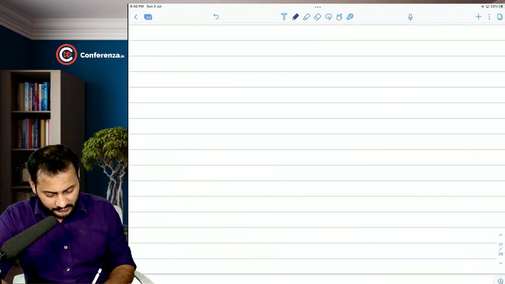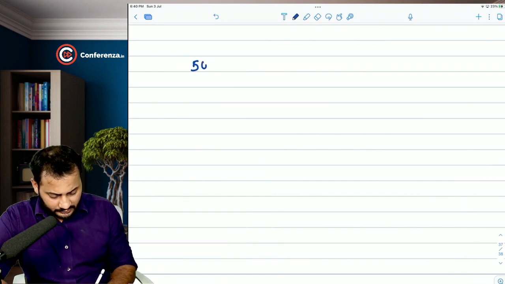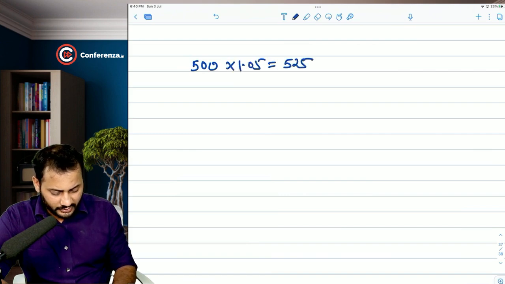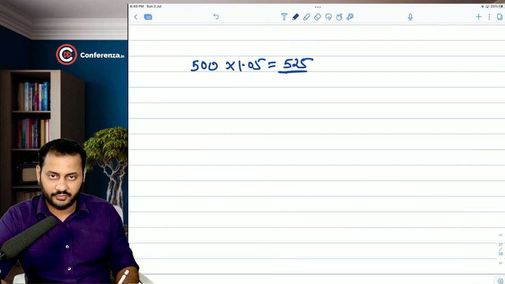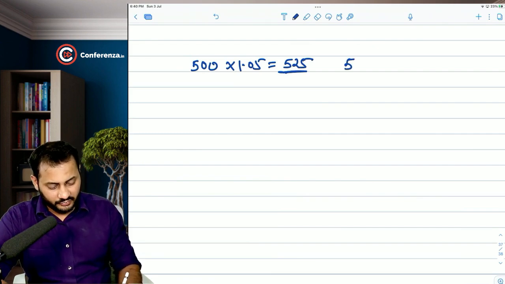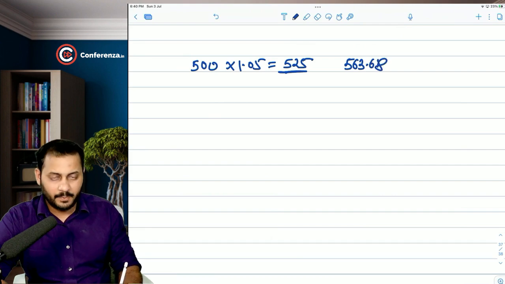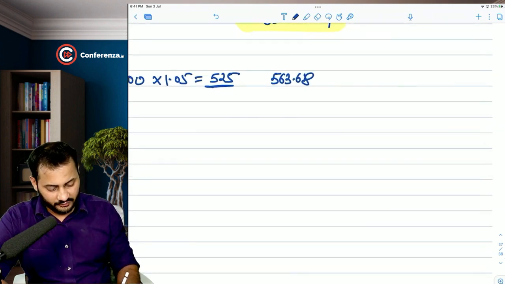See, 500 is the price plus incidental expenses, 1.05. This is going to be your outflow, 525 today, but your inflow is 563.68. This is after taking the present value of the dividend and market price.